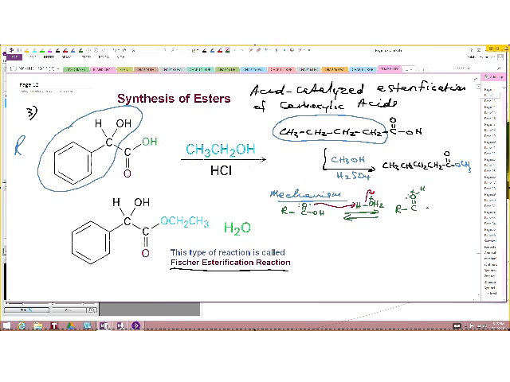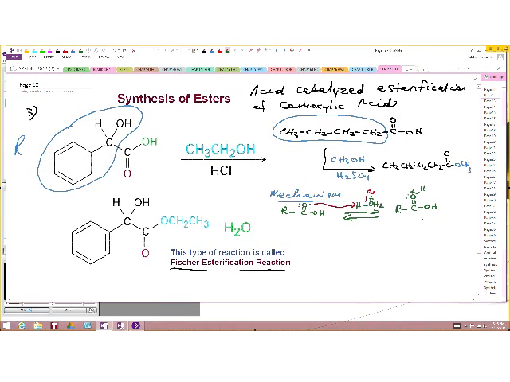That oxygen is now positively charged. Now the purpose of this protonation of the carbonyl oxygen is to make this carbon here a lot more electrophilic, because once you protonate the oxygen, the pi electrons will be drawn towards the oxygen, thereby making this carbon here positively charged.